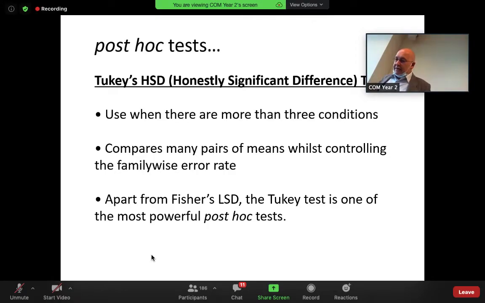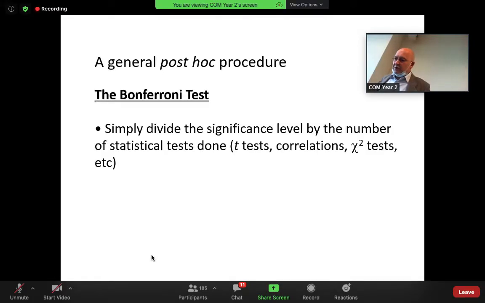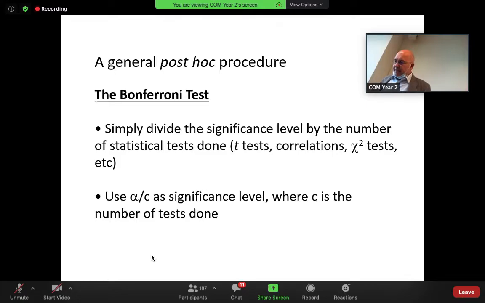Apart from Fisher's LSD, the Tukey test is one of the most powerful post-hoc tests. And there is a general procedure known as the Bonferroni test, which is basically the number of tests that you do, you divide that into the significance level.